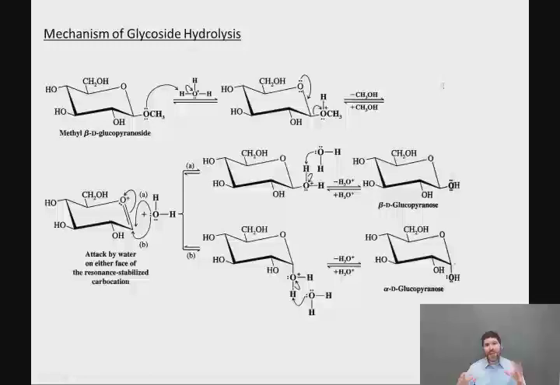So that's the basic mechanism of how a glycoside is formed and how a glycoside is hydrolyzed. We looked at the simple case of just forming a methyl glycoside. Now, as we move forward, we're going to start looking at when that which attacks is another sugar rather than methanol, which is going to lead us into the formation and hydrolysis of disaccharides.